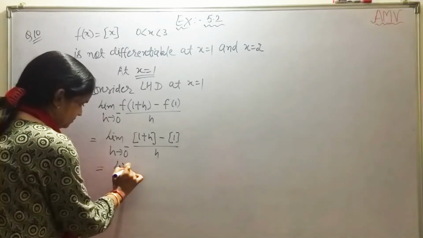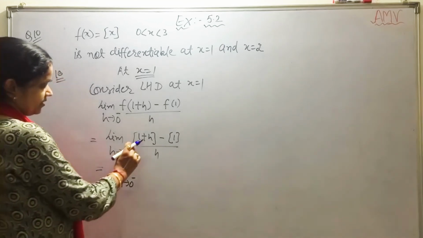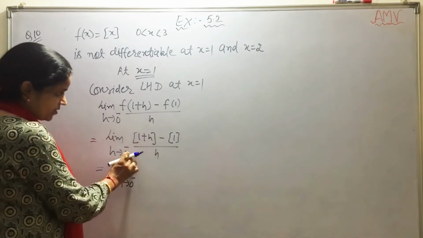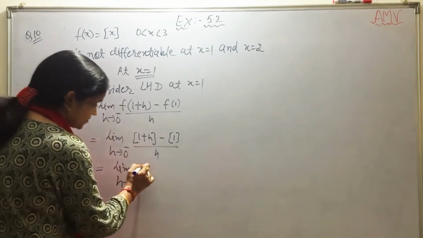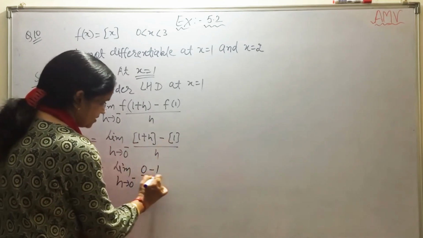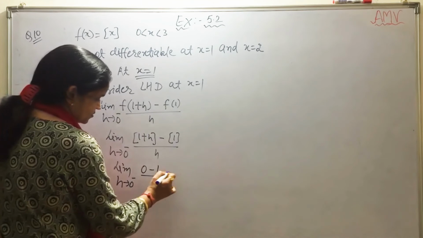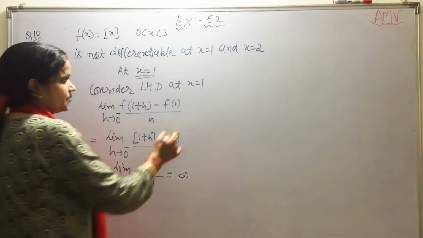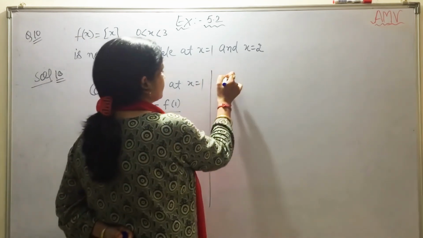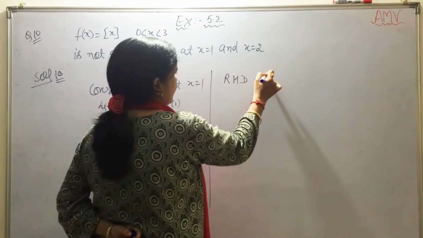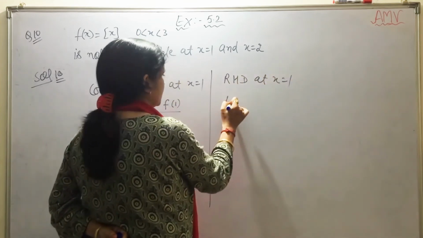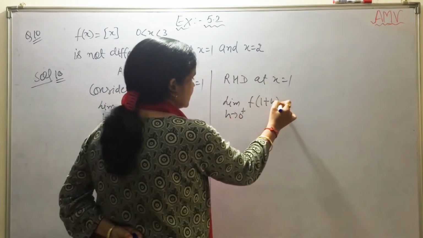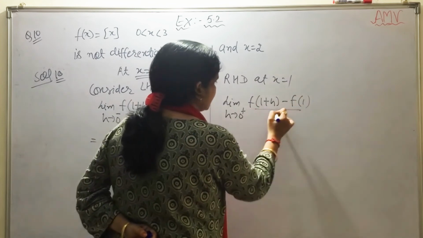So it is limit h tends to 0 negative. Greatest integer function 1 plus h and h tends to 0 negative. So it will give 0. And here it's 1 by h. So we will get 1 by h, h tends to 0, so it's infinity. And for right hand derivative at x is equal to 1, it is limit h tends to 0 plus f(1 plus h) minus f(1) by h.